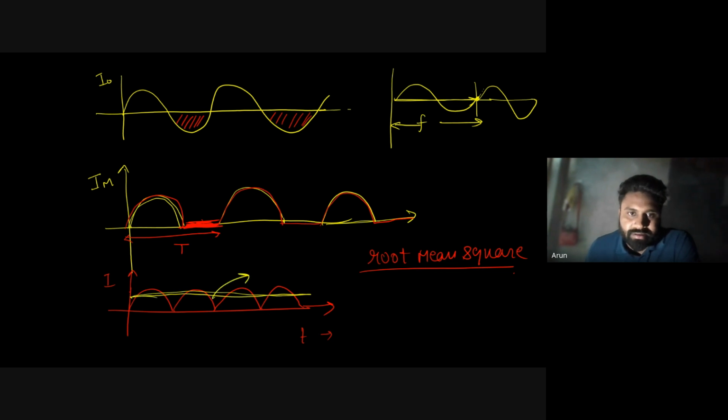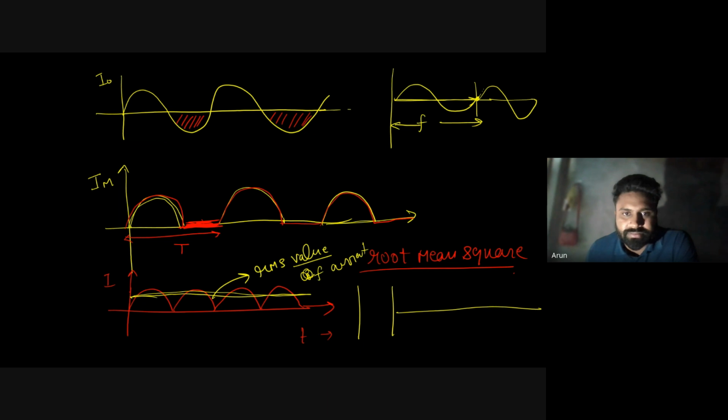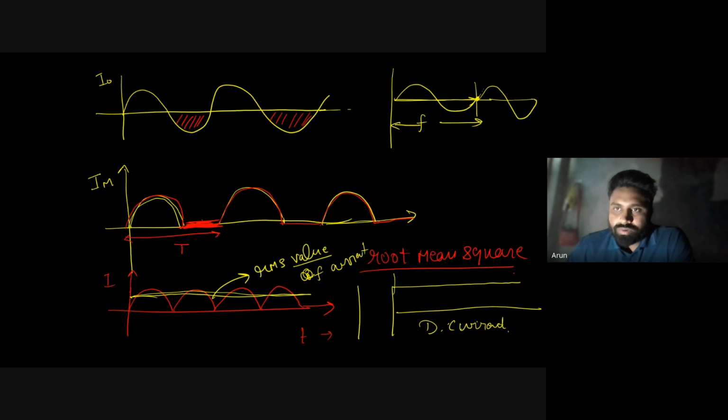So this line represents the RMS value of current. Now, instead of drawing these graphs, you will have a graph like this, which is similar to the DC, direct current. So we have converted this alternating current into direct current.